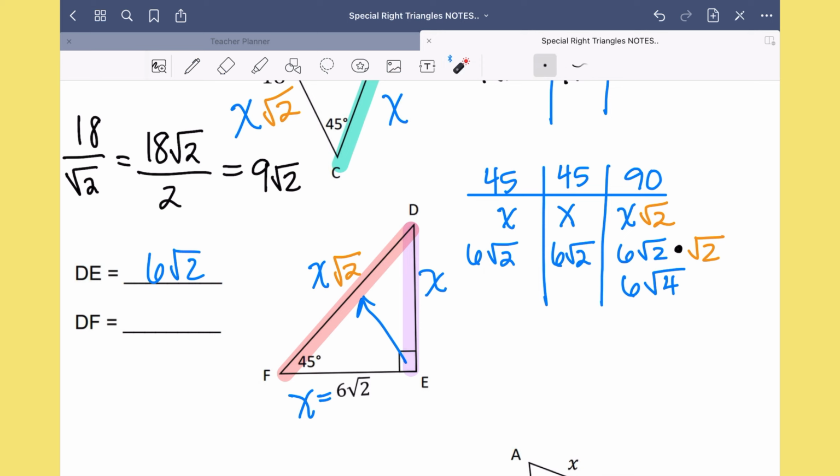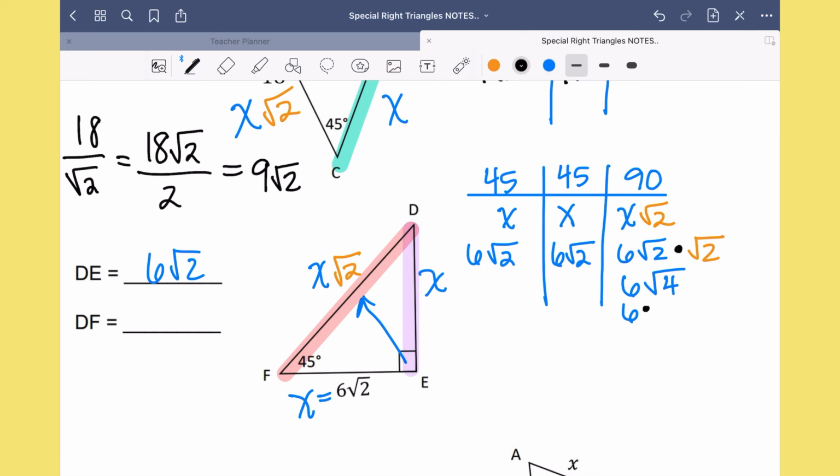If you're wondering why didn't I multiply the 6 times 2 times 2, because 6 is a whole number. You cannot multiply it or combine it with these square roots. Only square roots with each other, okay? What do y'all notice about this 4? 4 is a perfect square. So what is the square root of 4? Square root of 4 is 2.